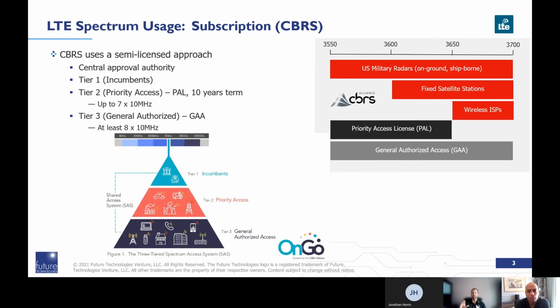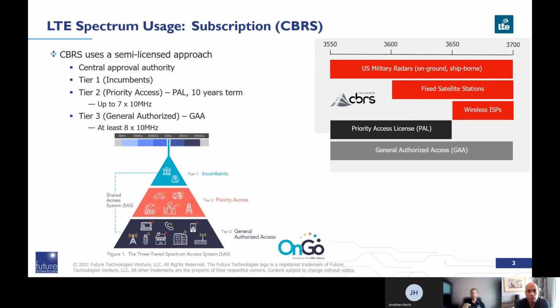Where they don't exist, the FCC then carved up two different tier models below that for general private networks to be deployed. Those two tiers, tier two is called priority access license, tier three is called GAA, or general authorized access.